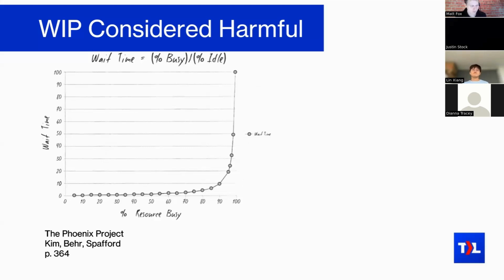Now, since I'm talking to computing professionals, you might recognize this. This is actually the same sort of thing that happens with a busy CPU or a busy network interface, for example. I've seen this in the networking domain, where the latency of a packet that you're sending through an interface is quite reasonable, totally along the baseline, as long as the network interface is only running at 70, 80, maybe up to 90% utilization.